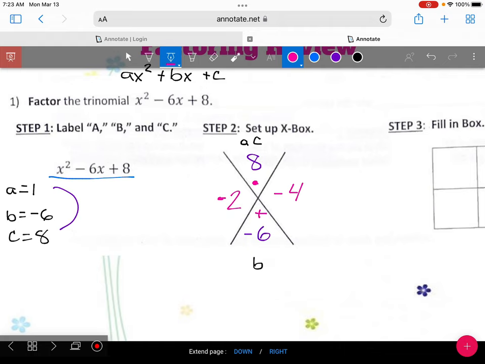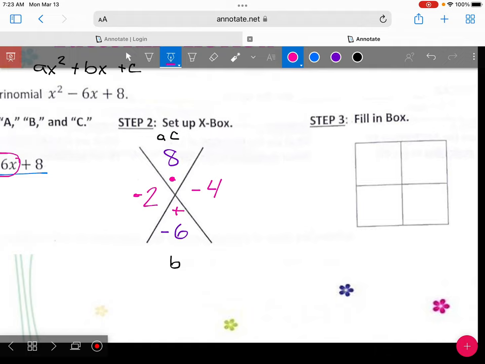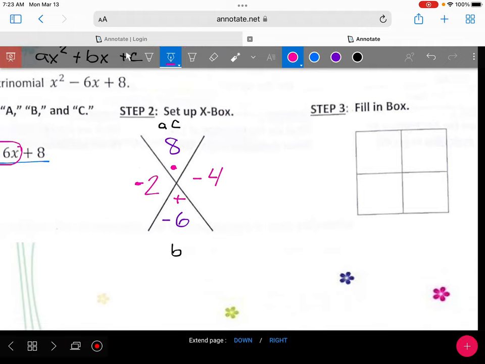What this is doing is figuring out how this middle term splits into 2 different boxes, or if you're factoring by grouping, how that middle term splits into 2 pieces when we go to fill in our box. So we take our x squared from our equation, and our 8 from our equation, this 8 over here.